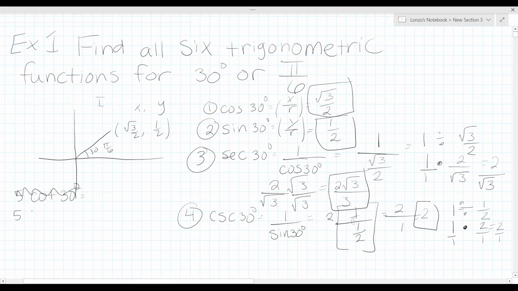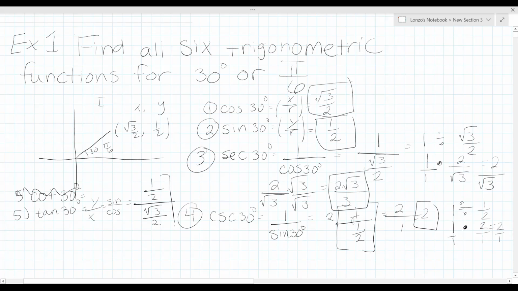Let's do tangent of 30 degrees. So remember, tangent is the same thing as y over x, or sine over cosine. So what's our y value for 30 degrees? It has a y value of 1/2, so put that 1/2 divided by what's our x value of 30 degrees? It's radical 3 over 2.